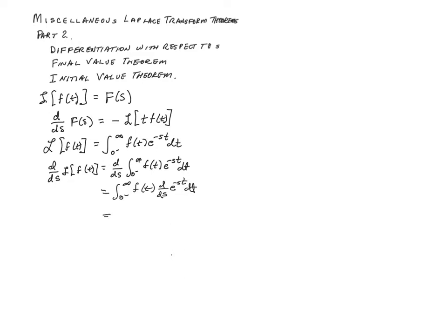And then we just take the derivative: the integral from 0 minus to infinity of f of t, and the derivative of this is minus t e to the minus st dt. Then we can take out the minus sign, so we have minus the integral from 0 minus to infinity of f of t times, well, let's put the t out in front as well, t e to the minus st dt.